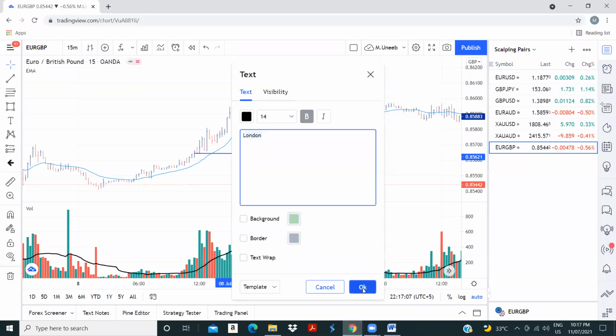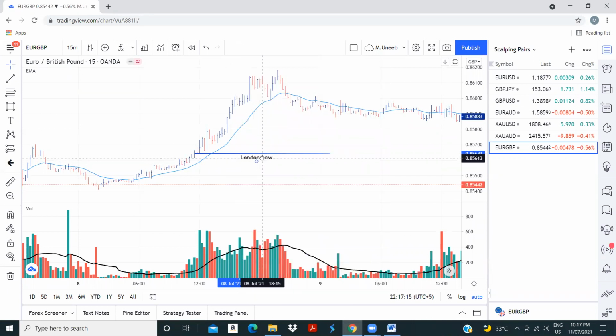Let's go back here. So we have this London low. London low is still ongoing. Now the New York Open was here.